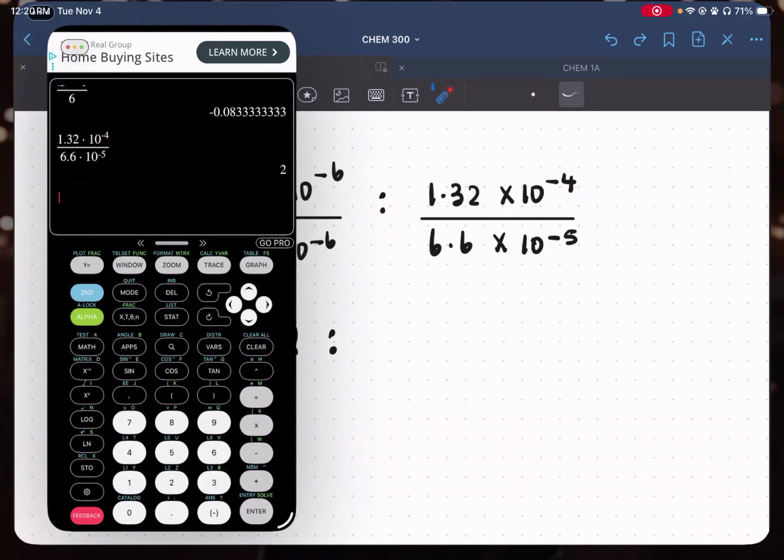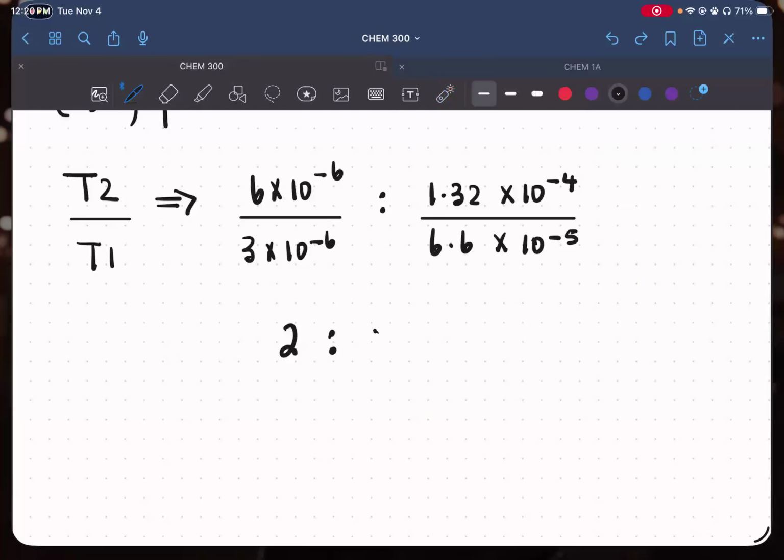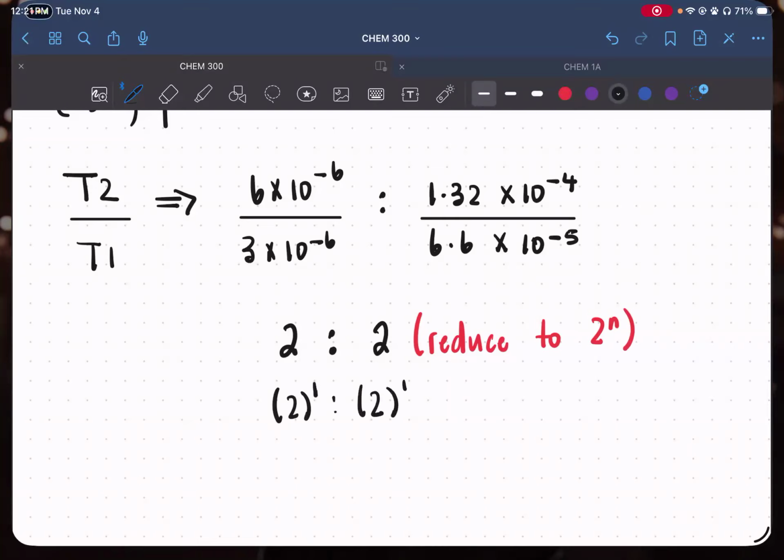That's a flat 2. We are then going to reduce these numbers to some 2 to the n. This is 2 to the 1, gives us 2 to the 1.